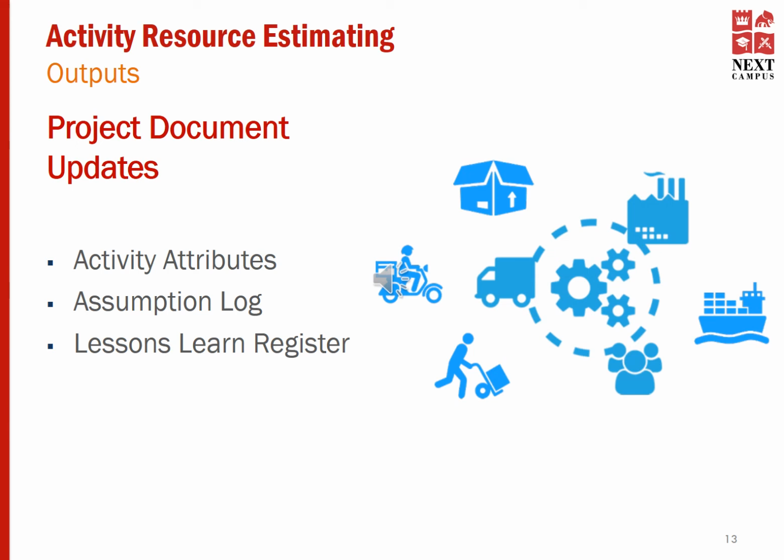Also pay a lot more attention to tacit knowledge, which is difficult to capture and is experience based. Any changes to the definitions may be updated as well. So at the end of the estimate activity resources process, please do update these documents.